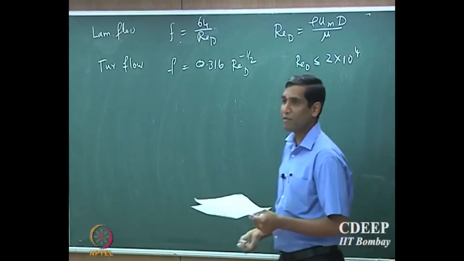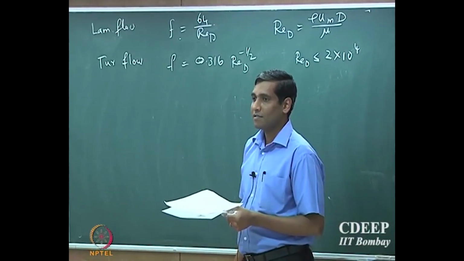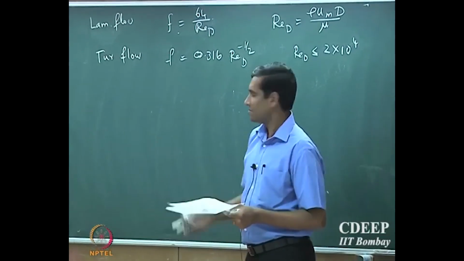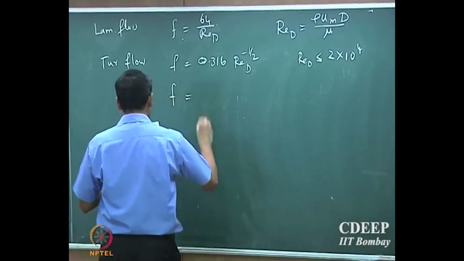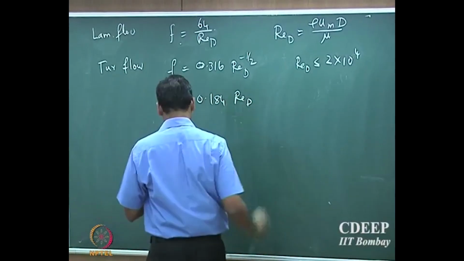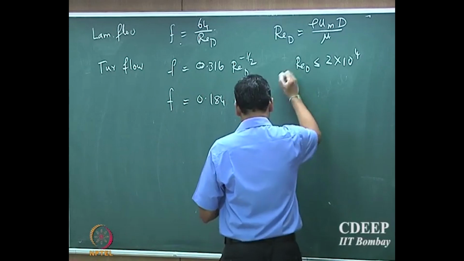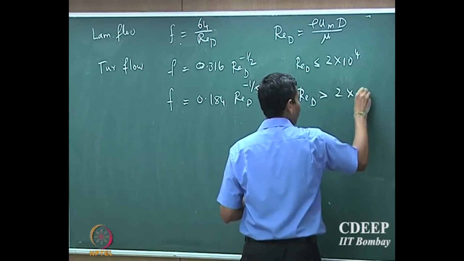What's the transition Reynolds number for pipe flow? 2000, 2100, ballpark, and this is valid when the Reynolds number is greater than 2 into 10 power 4.